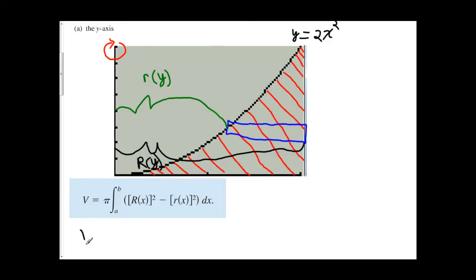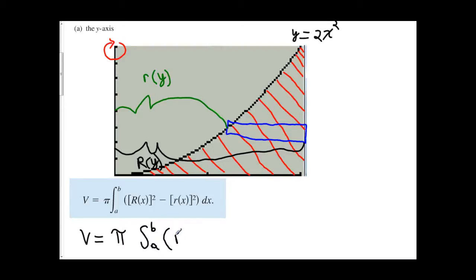Basically, we have to modify this formula a little bit because our axis of revolution is a vertical line. So instead of integrating from a to b, where a and b are both x values, we're going to integrate with respect to y.